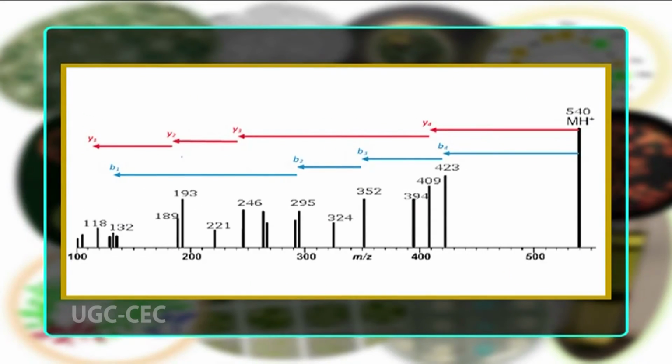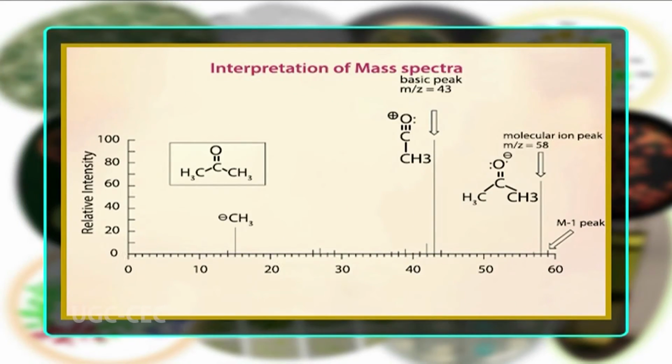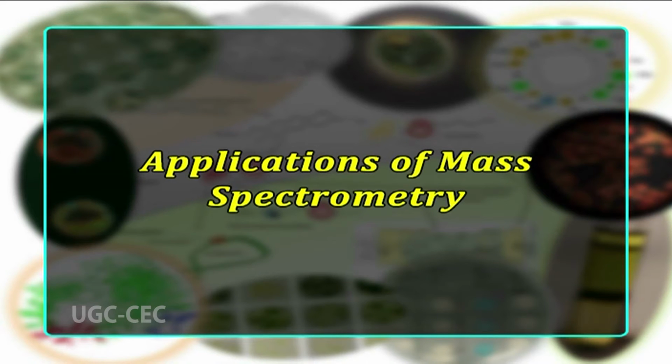Usually, the first strategy for identifying an unknown compound is to compare its experimental mass spectrum against a library of mass spectra. If no matches result from the search, then manual interpretation or software assisted interpretation of mass spectra must be performed. Now let us discuss the applications of mass spectrometry.